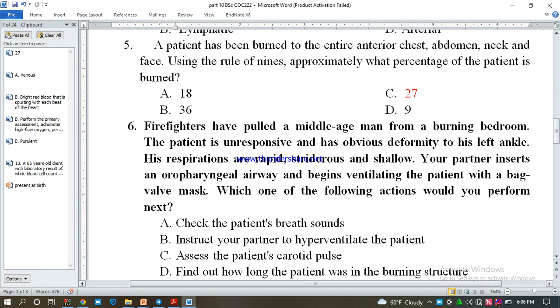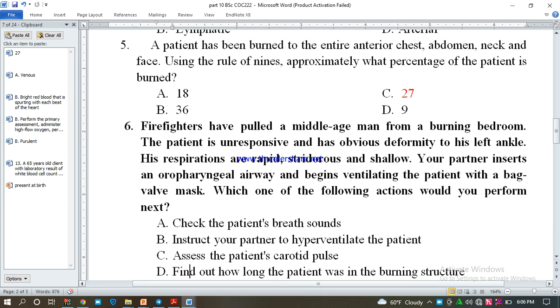Next: firefighters have pulled a middle-aged man from a burning bedroom. Firefighters are life-saving workers who rescue people from fire accidents. The patient is unresponsive and has obvious deformity to the left ankle. His respiration is rapid with stridor and shallow breathing.